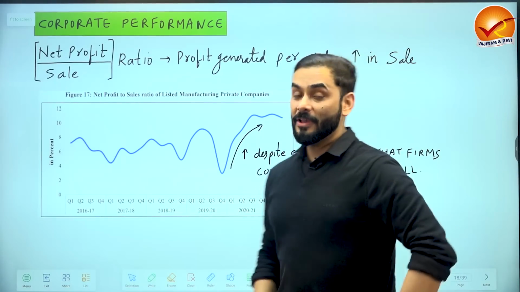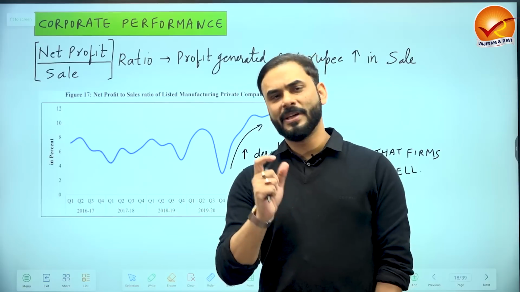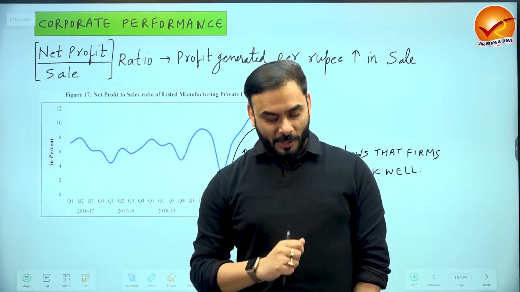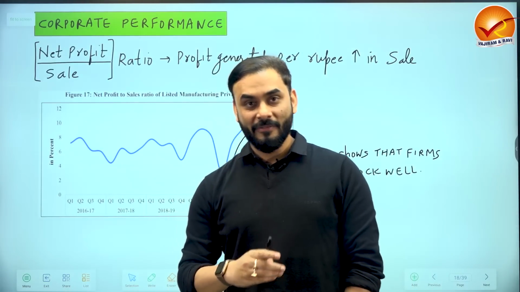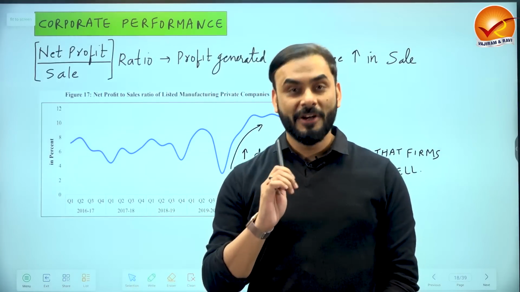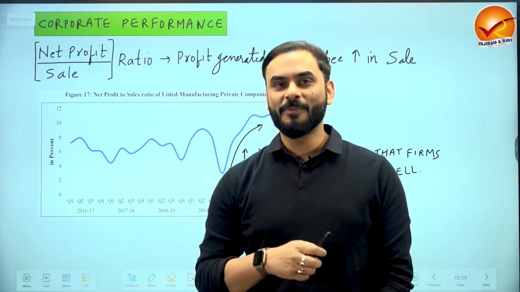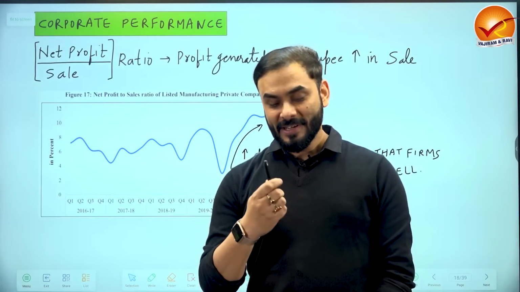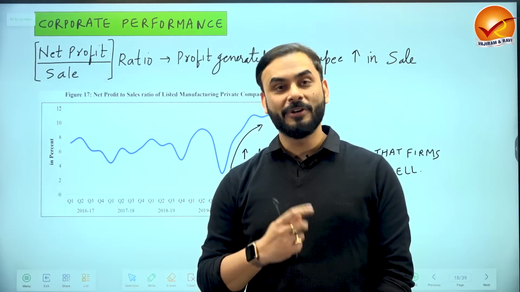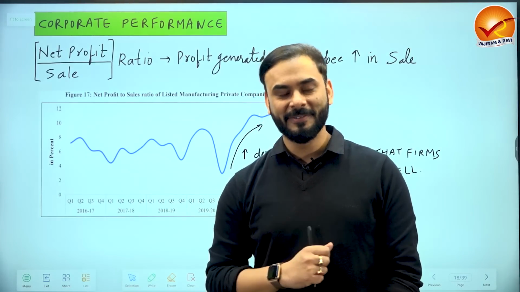So now guys, we are going to look into the corporate performance. Let me give you a very basic idea about what we are going to study here. Suppose you have a pen which you want to sell. Suppose the price of this pen is 100 rupees. When you sell this pen, how much profit did you make? If you made a profit of 2 rupees, I would say good, nice profit.